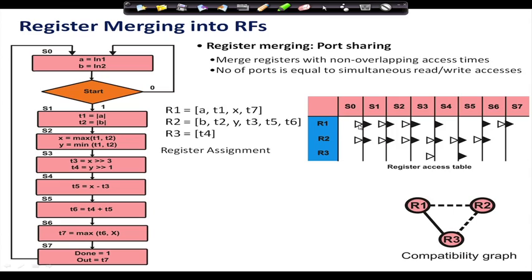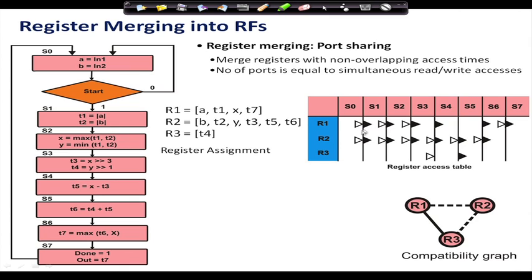Here what happens is, at the first clock cycle in state S0, R1 is being written into, because A is there. And at the next clock, in state S1, I am reading R1.